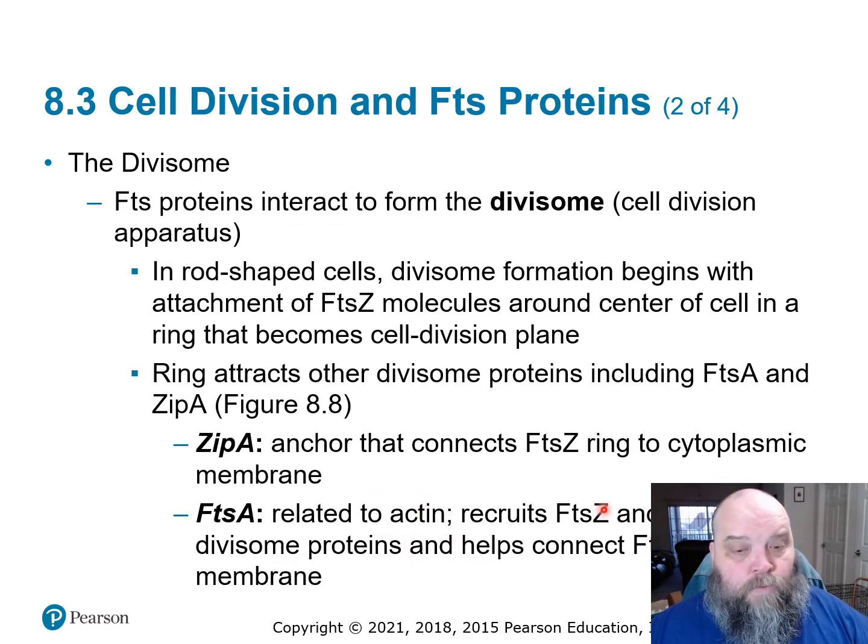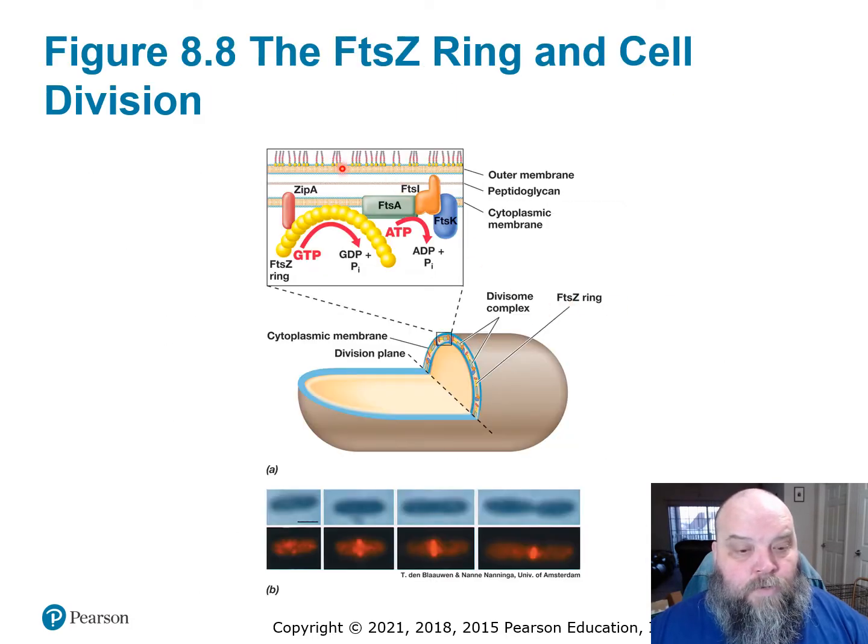This recruits FtsZ and the other proteins to the center of the cell. So when you look at them here, ZipA is the integral protein that anchors FtsZ, here's part of the contractile ring, anchors it to the cytoplasmic membrane.